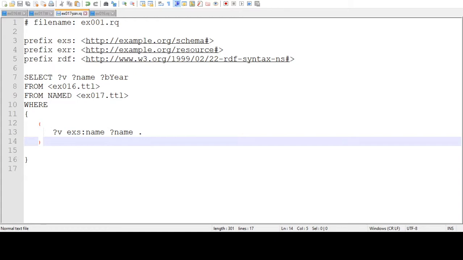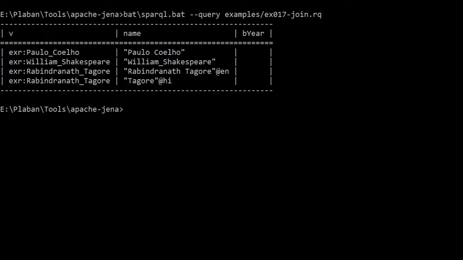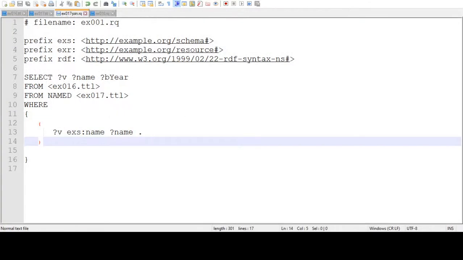So I'm trying to execute 017. So you can see that the result is we are having the V, the name, and the birth year, right? Now, as we do not have the birth year, if we go back to the query again, we do not have any birth year value, so that value will not be there.